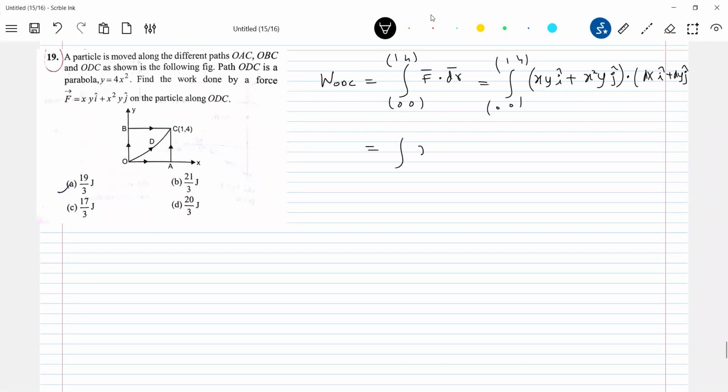This will expand to xy dx plus x square y dy.